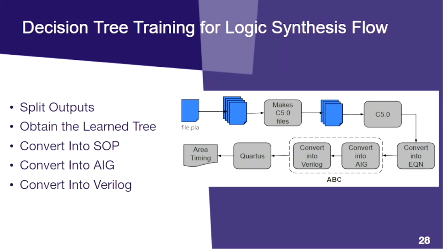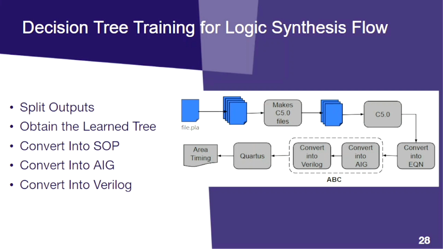The last approach is decision tree training for logic synthesis flow. Here, after we got the tree file after the learning process, this tree is transformed into a sum of products, as showed previously, and this EQN file is then read by ABC and converted into AIG, and then Verilog.